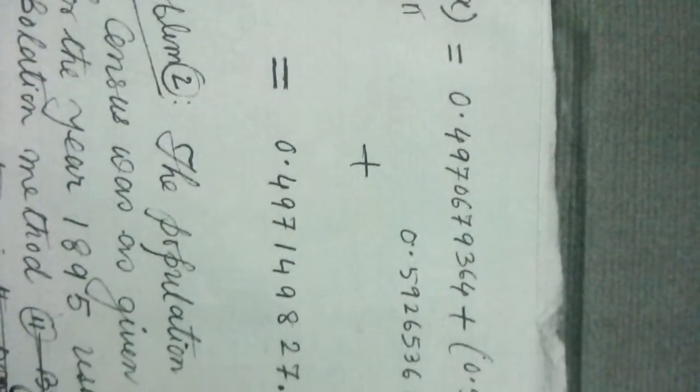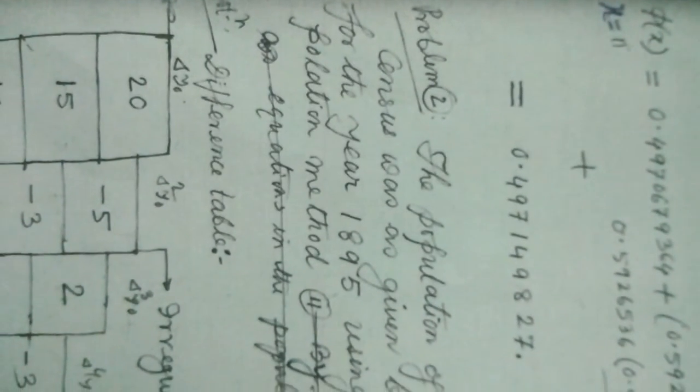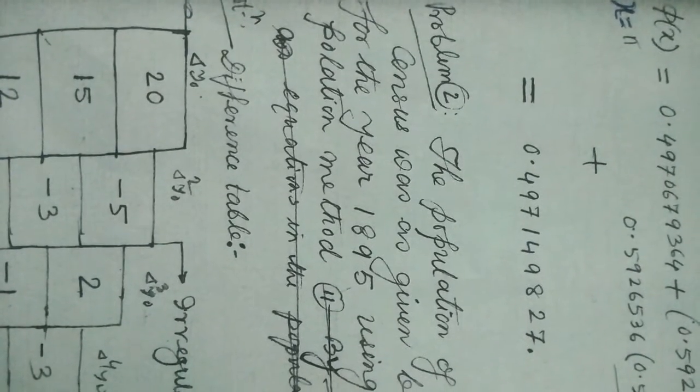For x is equal to pi, just putting the value. So this is the value for log pi to the base 10, correct up to 9 places.